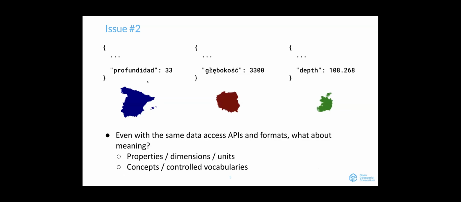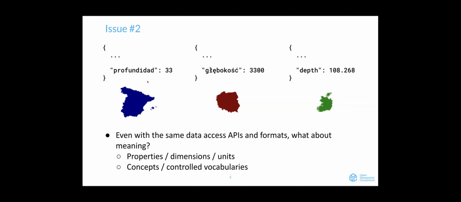They encountered that in Spain, they have profundidad. In Polish, I'm not even going to attempt to pronounce that. And in English, they have depth. And even though they're representing the same thing, we have 3 different values for this, right? So there's the issue of how would these researchers go about harmonizing all of that?